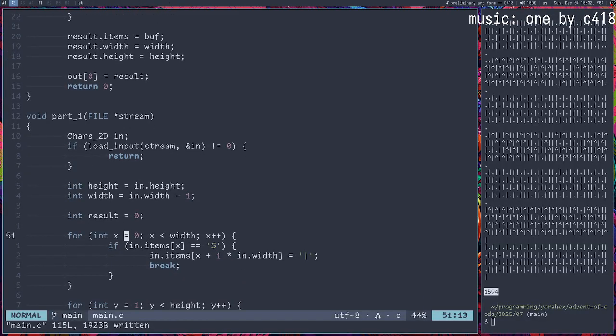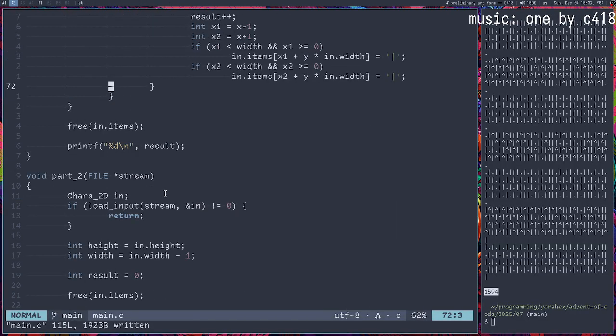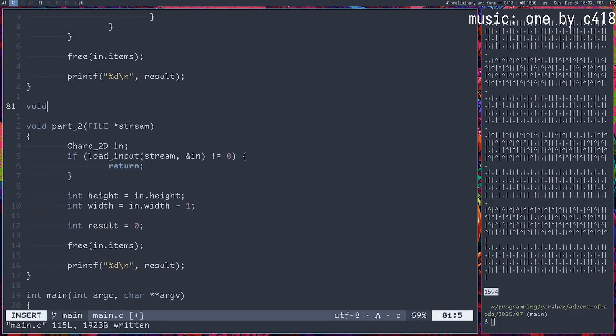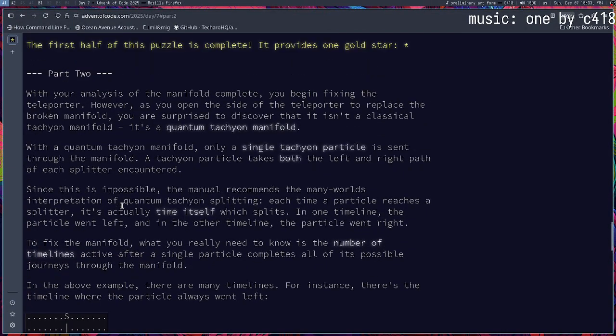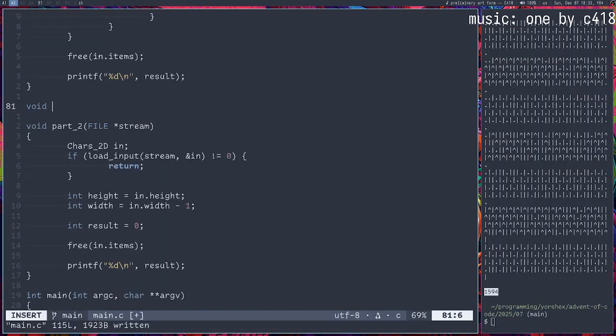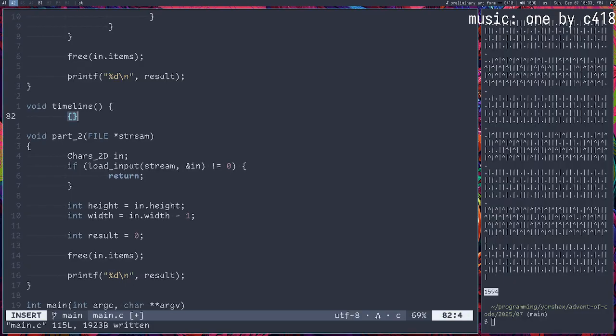Yeah, maybe I should stop thinking and just start solving the problem. So let's create such a function that accepts this. I don't know, I'll call it timeline. And it accepts one of those, and it accepts this character input thing. I'm gonna make it const.